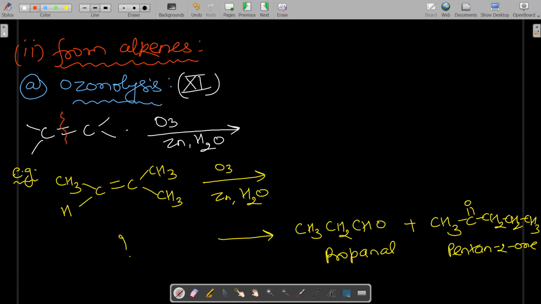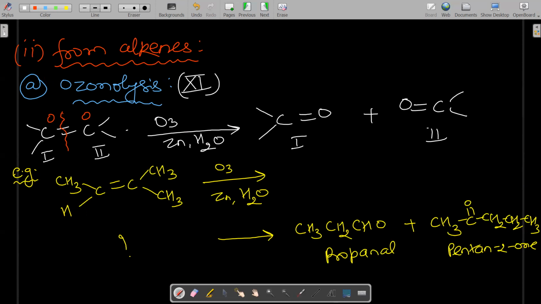So what is this reaction? Basically, in the alkene, this double bond gets cleaved, and at both carbons, oxygen is attached, right? So what product are we getting? We get C double bond O plus C double bond O. So we are getting two products, this one product and this second product. This is the first product.